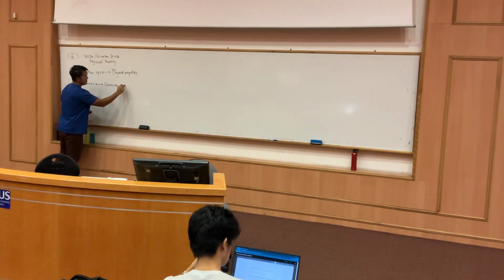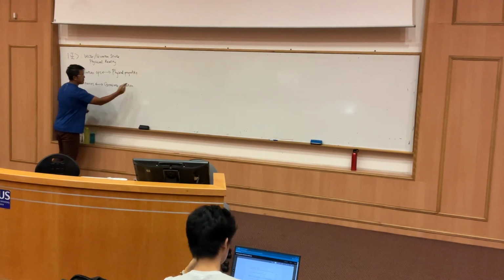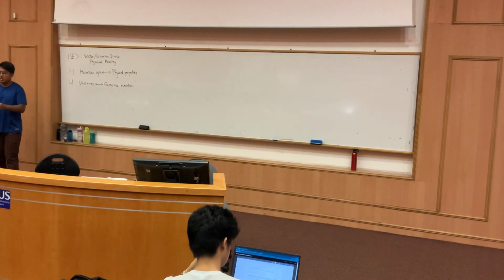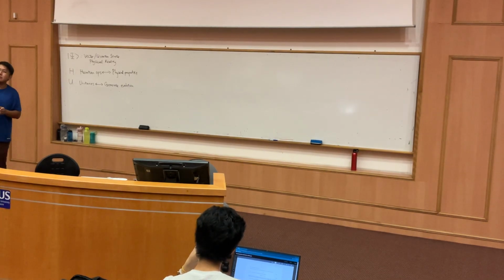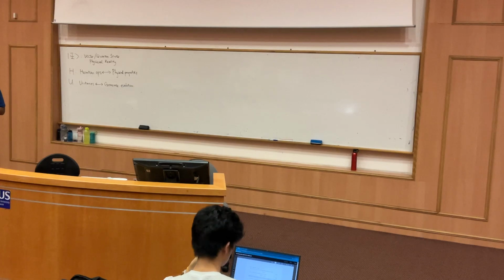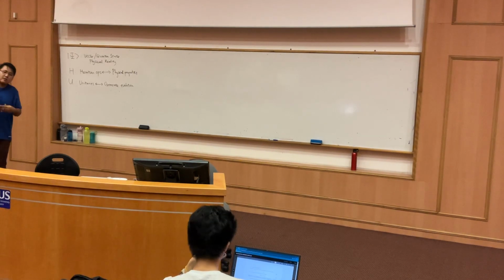Because we saw from last lesson that the unitaries are the ones that preserve the norm or the inner product between vectors, and in particular they preserve the norm of a state, which means that if you have a state which is initially normalized, and you apply any unitary, it's going to remain normalized, and so we can retain the meaning of probabilities, and that allows us to get meaningful predictions in physical realities.